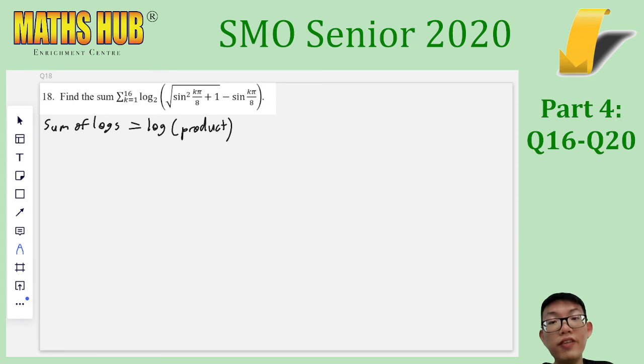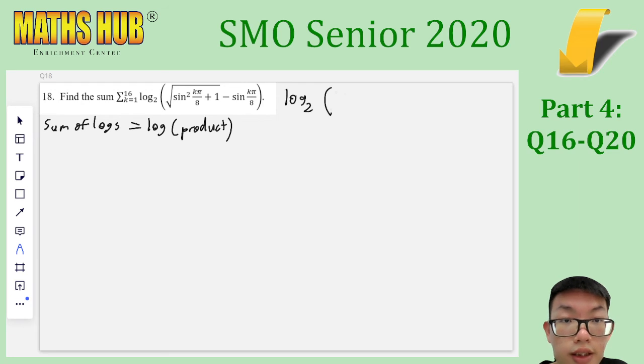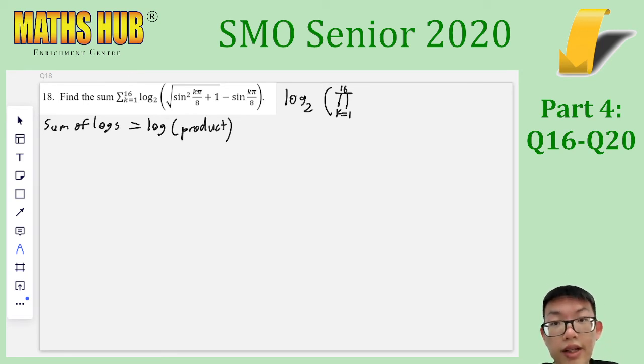And so we can rewrite this as the logarithm of a product. So the capital pi here is a product as compared to the capital sigma, which is a summation. Now, what goes in the bracket has not changed just yet.